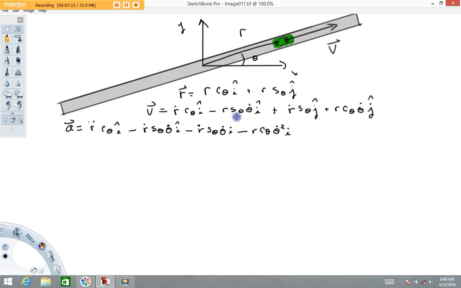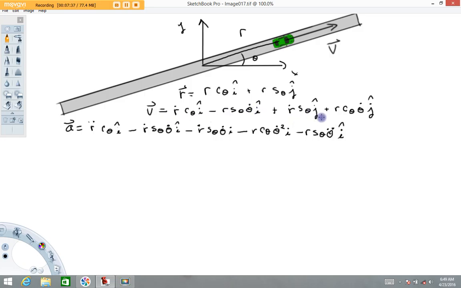So we've time differentiated this. Here's another term, though, that needs to be time differentiated. So now we're going to have minus r sine theta, theta double dot, that's i. Okay, and we're halfway done.